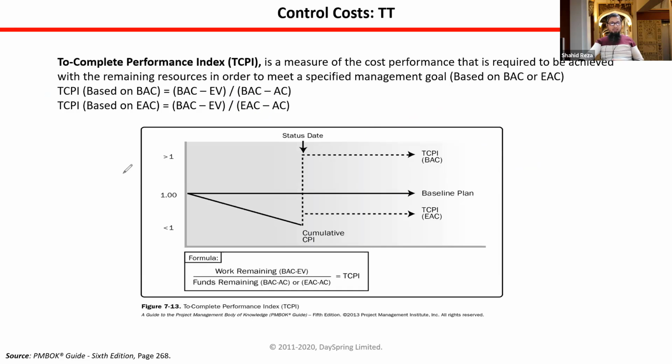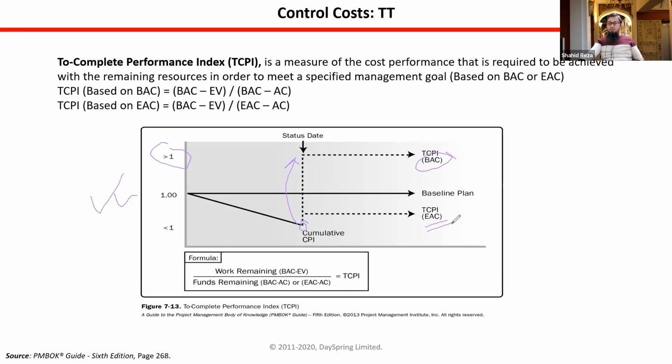So this graph, if you see, one scenario is showing here. Our CPI is negative. That means at this moment we are doing bad. So what do we need to do? We need to take some measures so that we can improve our CPI to the positive side to achieve the budgeted completion. In this graph, we are seeing the project is doing bad.